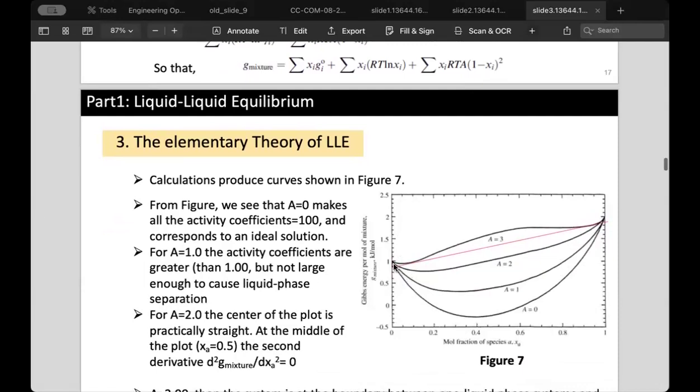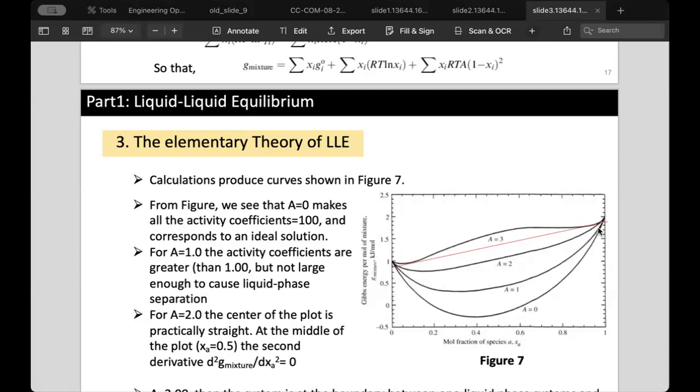So if the G follows this line, what does it mean? We will never have liquid equilibrium. The liquid will never separate, so it's impossible to form liquid equilibrium. And what happens if A is 1?